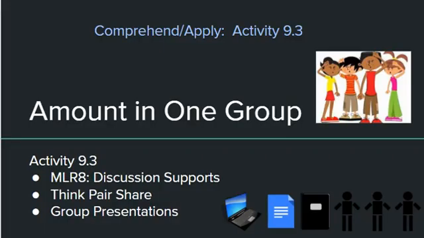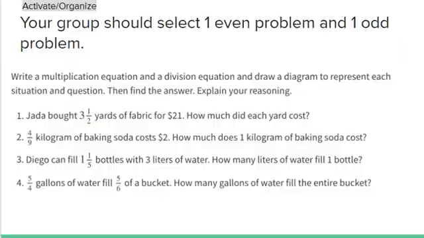Let's talk about amount in one group. We're going to do a couple of these. So let's look at this first one here. Jada bought 3½ yards of fabric for $21. How much did each yard cost? What's the multiplication look like for this one?